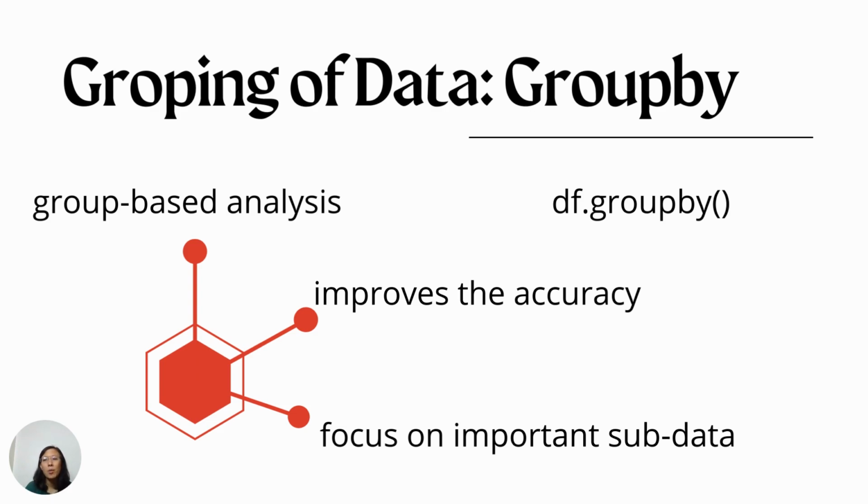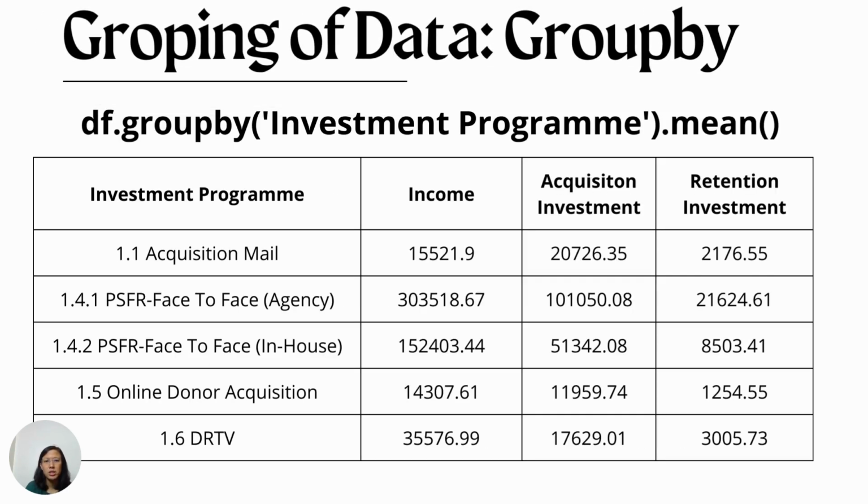For example, in our previous videos, we did an exercise on our donor data. We saw the average income, average investment cost, and average return on investment. But it is giving the data for all across the programs. So by looking at the group by information, we can specifically focus on each individual program. Let's look at this.